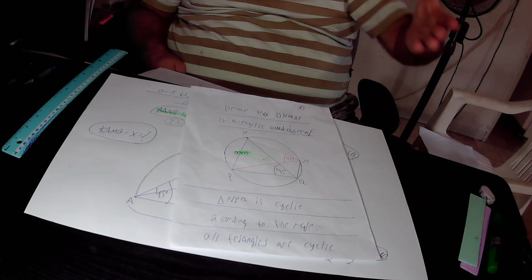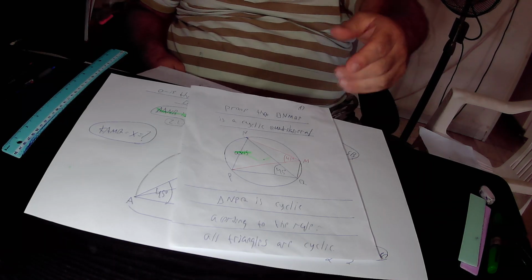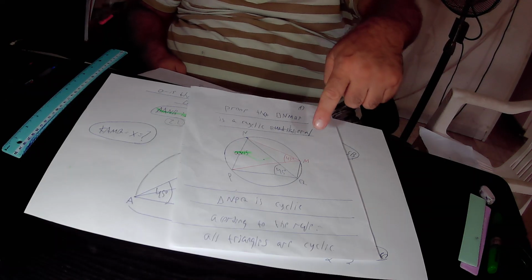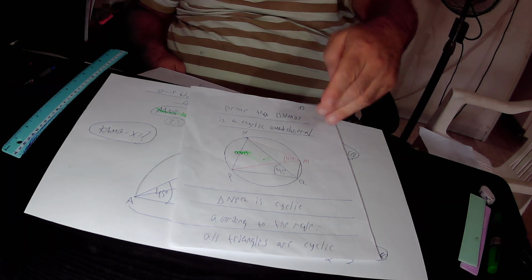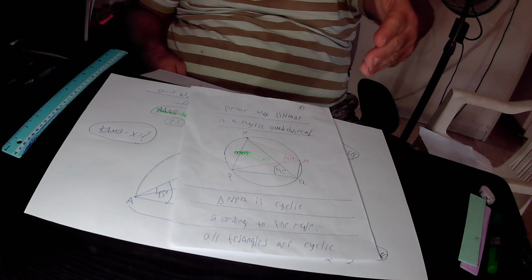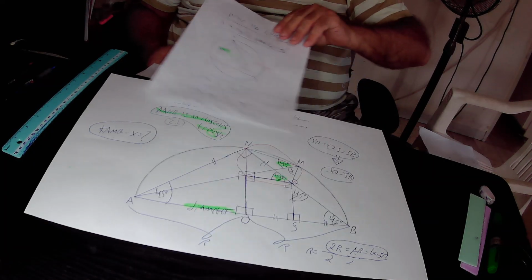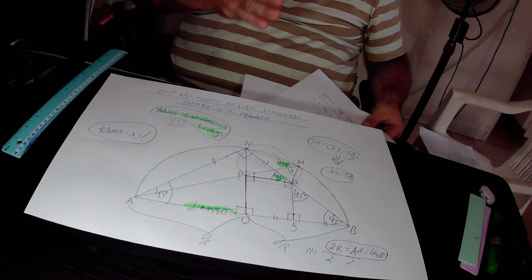Quadrilateral NMQP is definitely inscribed by this circle. Why? Because all the four vertices of quadrilateral NMQP lie on the circle itself. Therefore, quadrilateral NMQP is inscribed by this circle, so you can find out that quadrilateral NMQP is a cyclic quadrilateral.